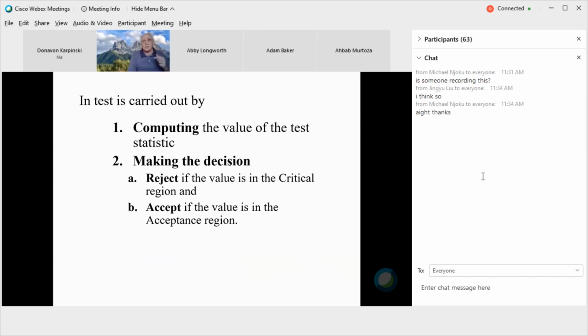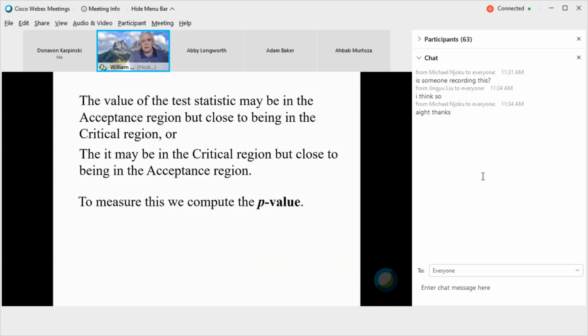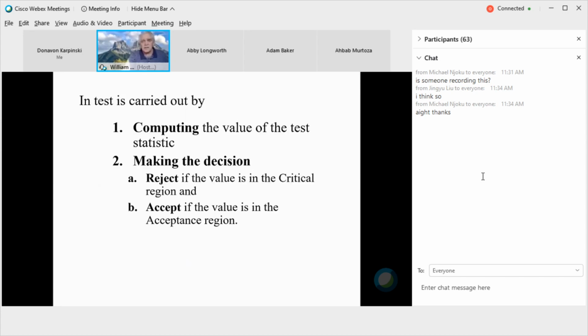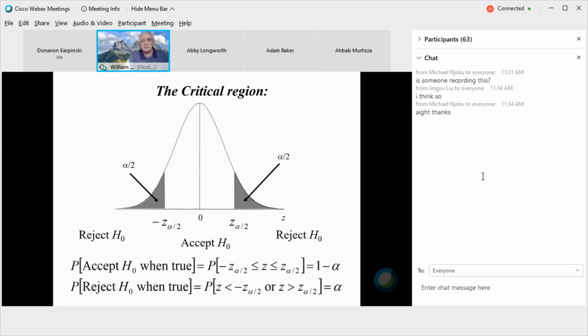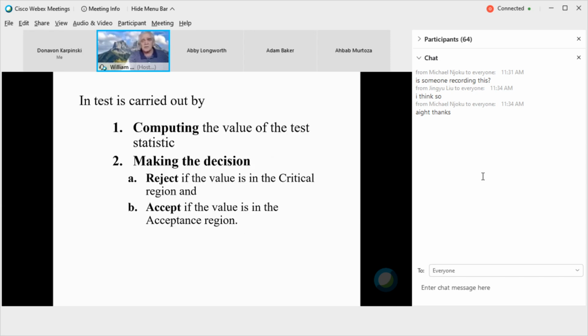The test is carried out by computing the test statistic and then making a decision. The value of the test statistic may be in the acceptance region, but close to the critical region. It may be in the critical region, but close to the acceptance region.